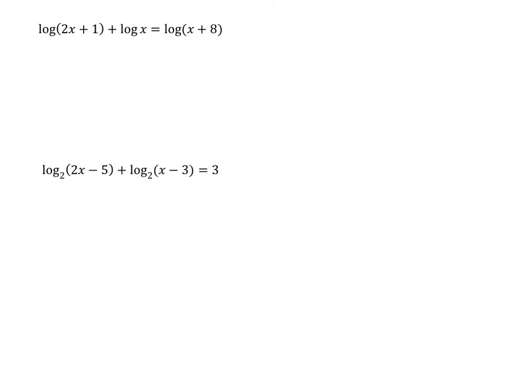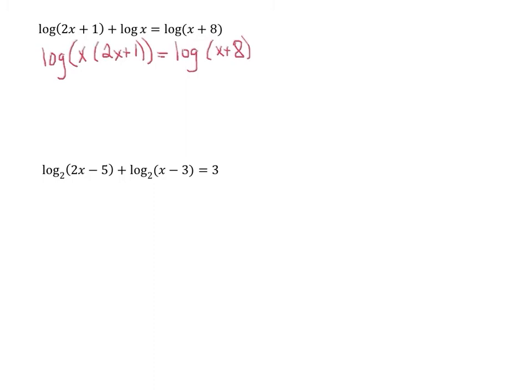Alright, for this next problem, we need to remember again our properties. If you have the two logs with the same base that are being added, you can multiply these components together. So here we would end up with the log, which is base 10, of x times 2x plus 1 is equal to the log base 10 of x plus 8.